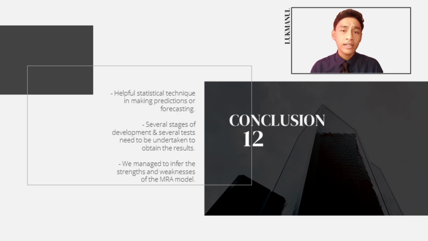And human error can also be avoided as the analysis was conducted through SPSS software that automatically generates the data. However, there are some weaknesses of the MRA model, such as the issue of data validity, problems in collinearity, a high number of independent variables, complicated analysis, being time consuming, and more.